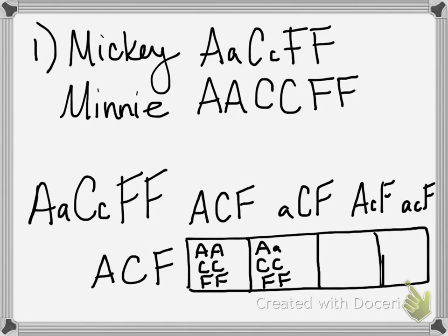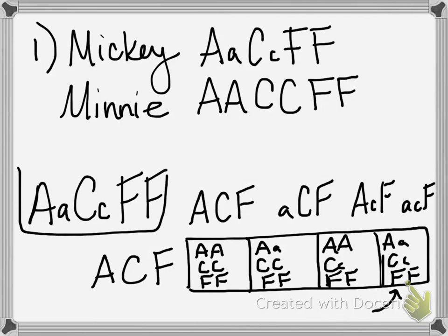Either way will give you the same answer. You can see doing the Punnett square this way shows that the probability of the baby mouse having this genotype is 1 out of 4.